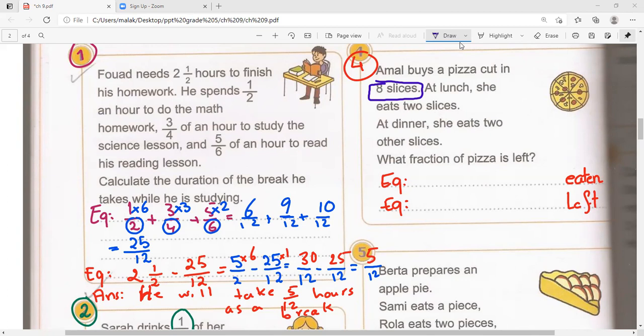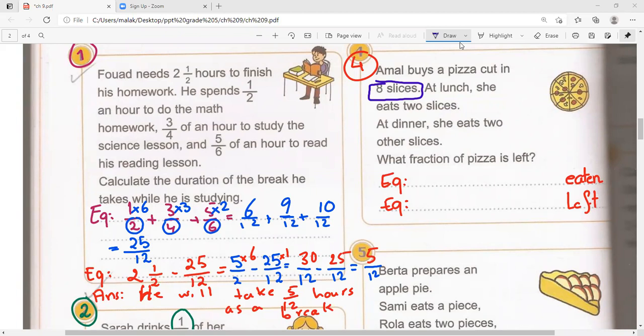Amal buys a pizza, cut in 8 slices. Teacher? Yes, Zahra, I'm hearing you.